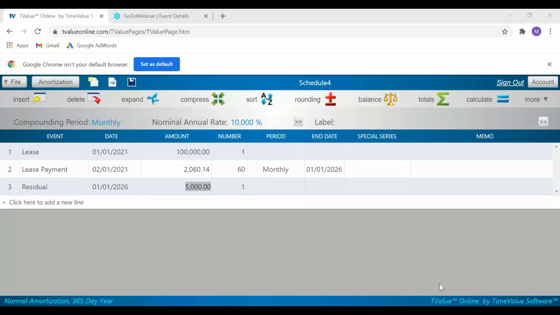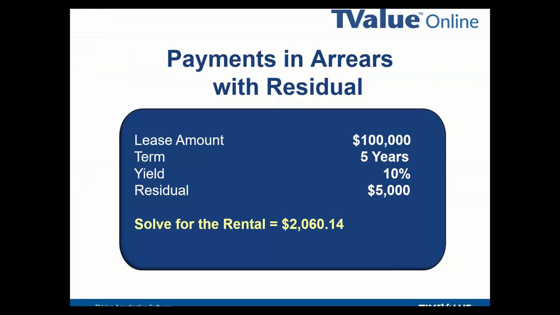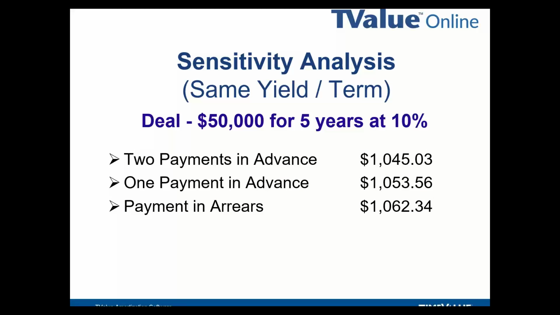One of the things we need to understand when we're doing calculations is time value of money. So just a quick sensitivity analysis. If you had a deal for $50,000 for 5 years at 10%, if you had payments in arrears versus 2 payments in advance, it would change the payment slightly, because if the receiver gets the money sooner, the lender's payment is going to be a little bit less money than they need to get their return.